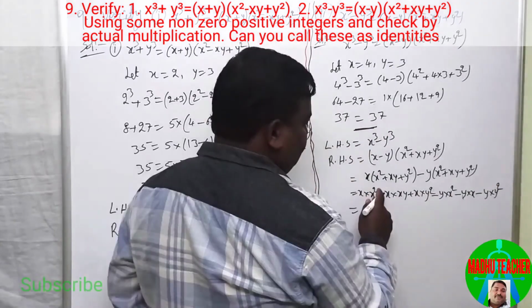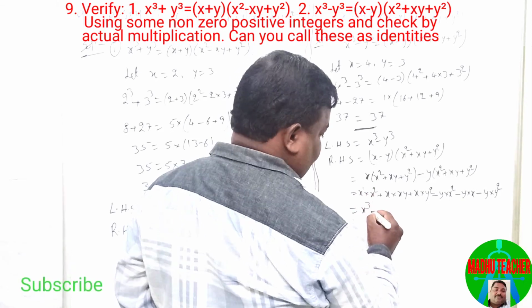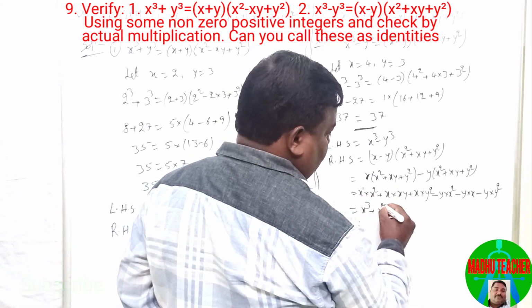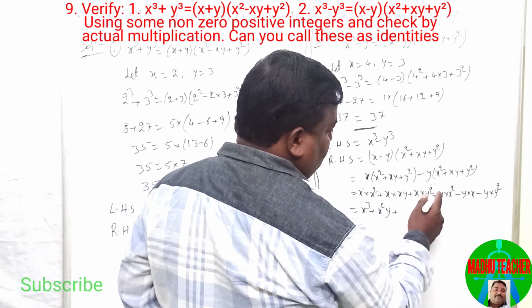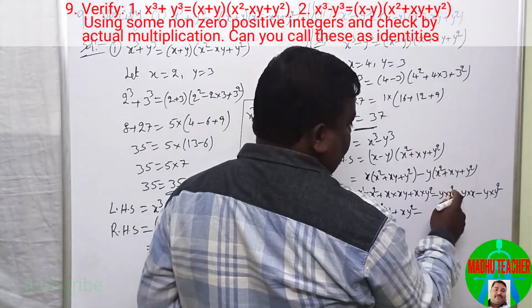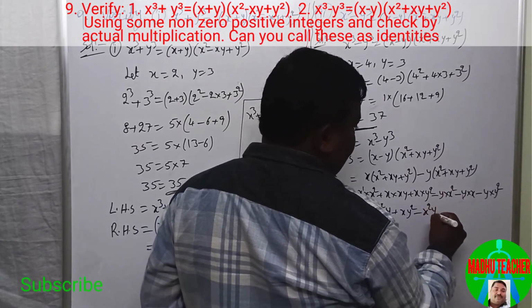That equals x into x square, x cube, 1 plus 2, 3, plus x into x, x square y, plus x into y, xy square, minus y into x square, or x square into y, both are same, x square y.